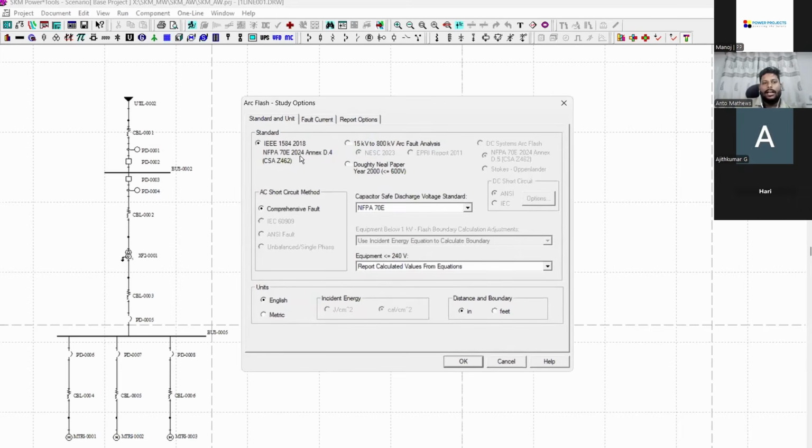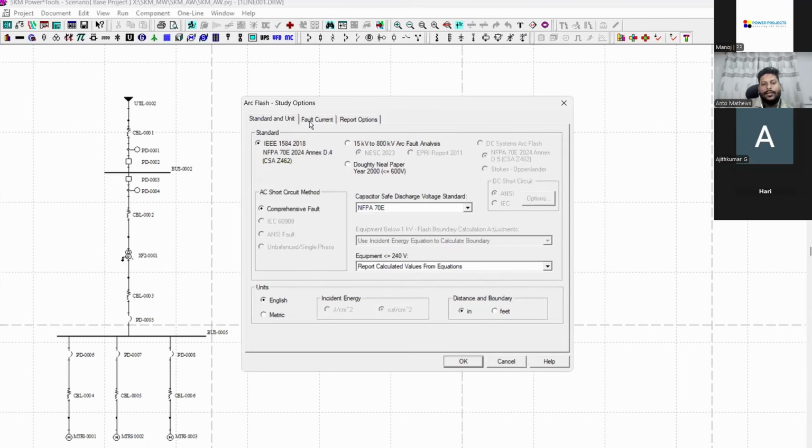Like the arc flash standard IEEE 1584 2018, which already exists in the SKM, or whether 15 to 800 kV arc flash analysis we have to do, or less than 600 volt arc flash analysis, and what capacitor safe discharge voltage we have to use.